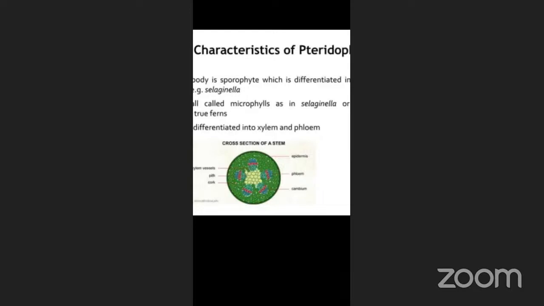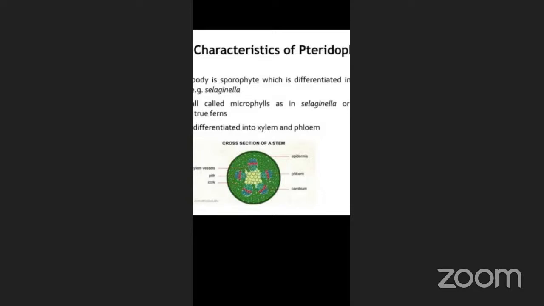Thank you. So in the plants, some are homosporous, some are heterosporous. Homosporous condition means all the spores are morphologically and physiologically identical, the same in size and structure.